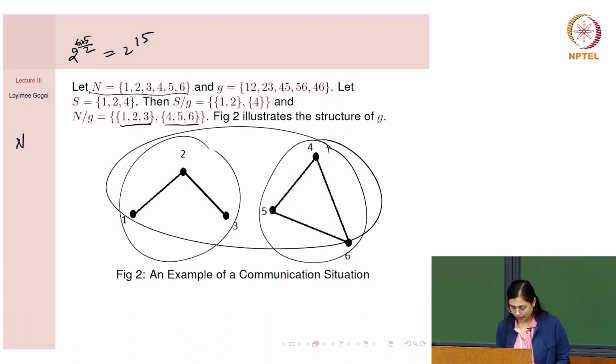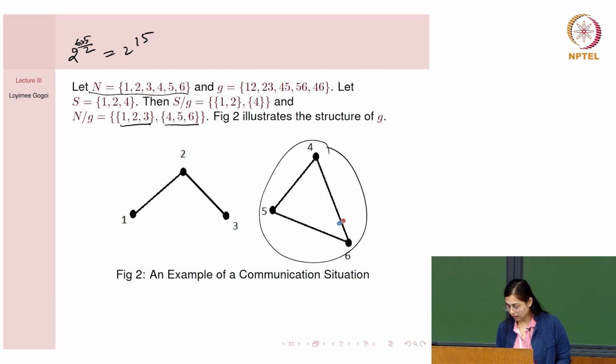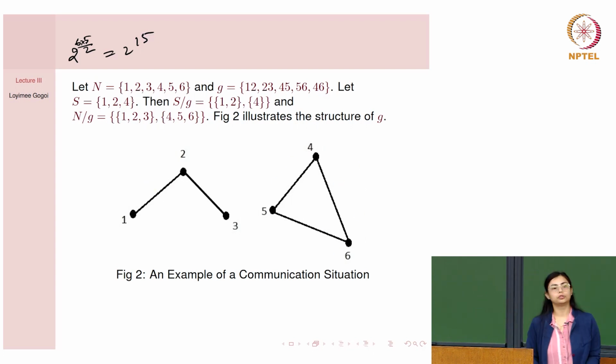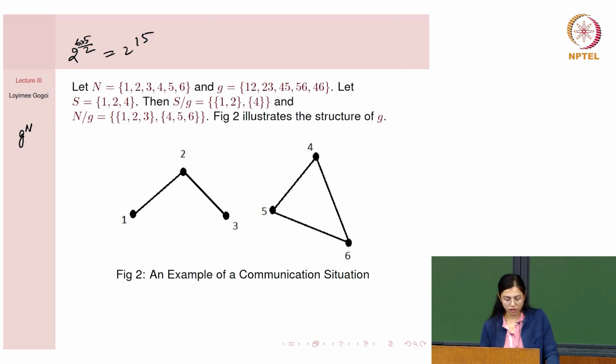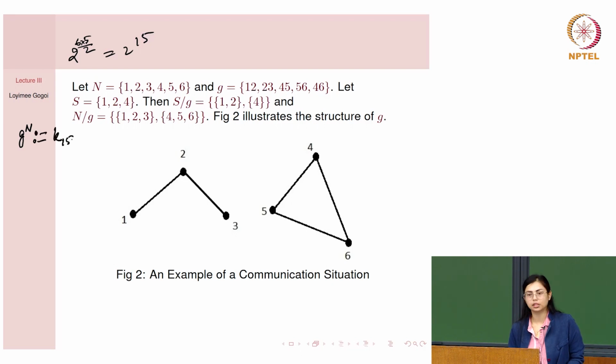As I said, this is one particular graph among 2 to the power 15 graphs. I can consider the complete graph also, Gn. In the first presentation I was using the notation K15 for the complete graph.